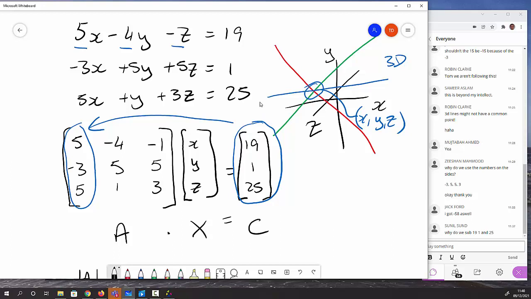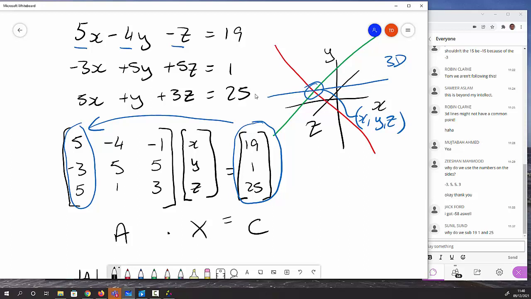And just for the record, if you had to do calculations next year about things in 3D, whatever they are, it could be mechanical, it could be electronic, it could be chemical, all of those quite easily, what you can do is put this technique into a spreadsheet, which means that all you've got to then define is your matrix of coefficients and the vector of constants. Okay, and then this will just work every time. So we've now got a systematic approach to solving 3 simultaneous equations in 3 variables.